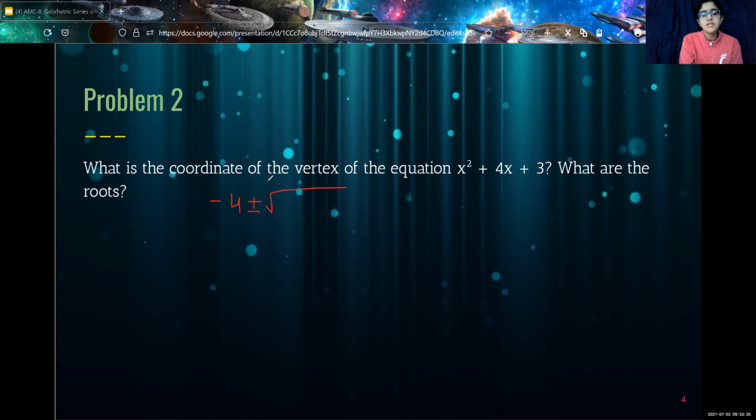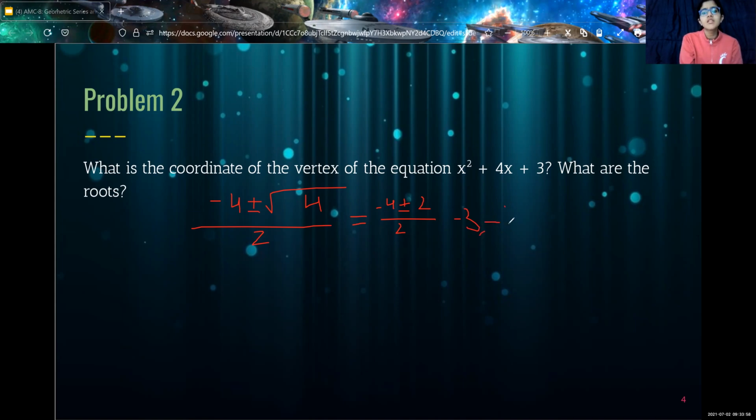This would be 16 minus 12, which is just 4. Then you divide by 2a, so 2 times the coefficient of x squared, which is just 1. So we get negative 4 plus or minus radical 4, over 2, which is negative 4 plus or minus 2, over 2. This simplifies to negative 3 or negative 1. So the roots are negative 3 and negative 1.